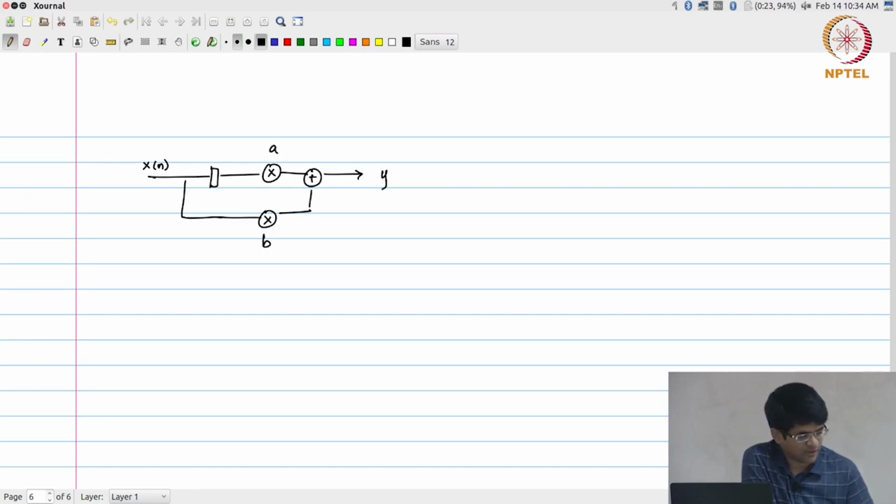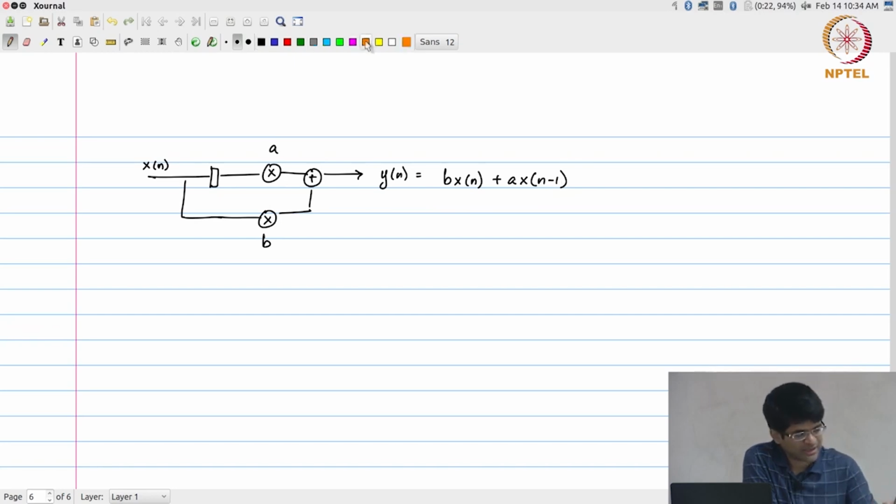What is y of n in this case? What is the equation being implemented? It is taking b into x of n, this lower path, plus a into x of n minus 1, because there is a delay out there.